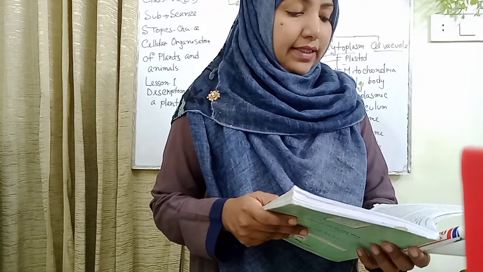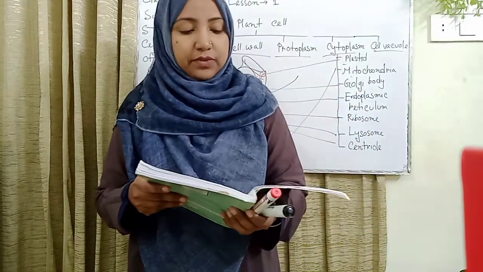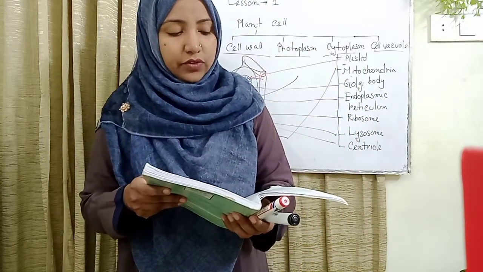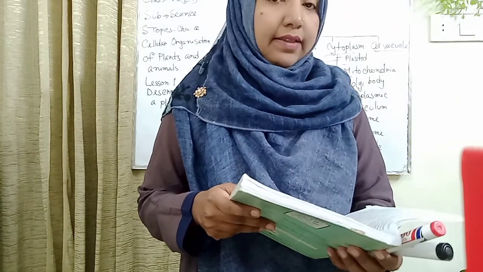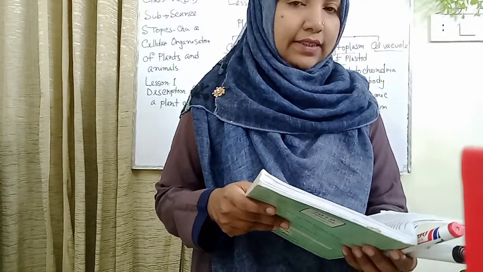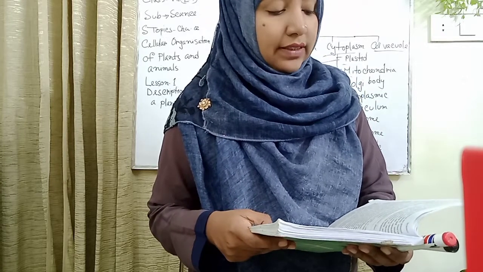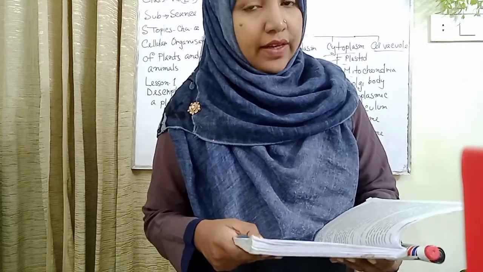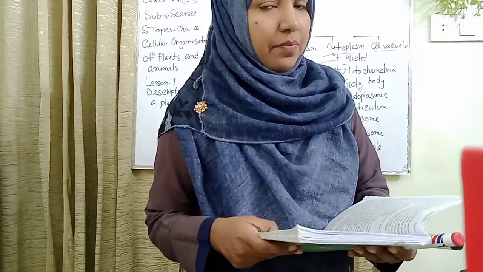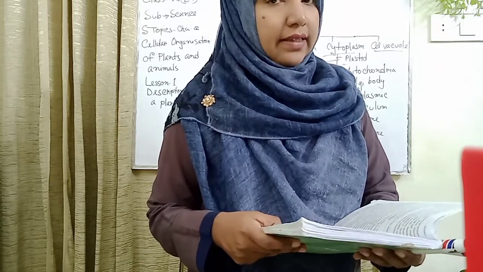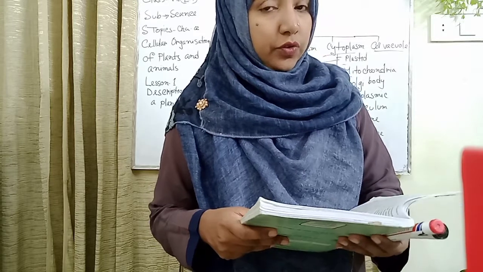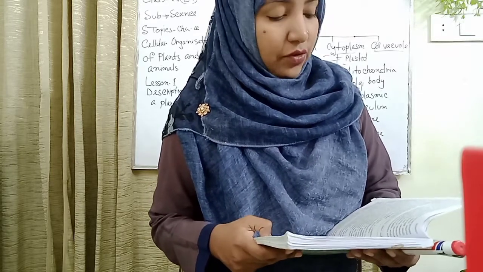Usually, animal cells do not have cell vacuoles, but in certain cells, when vacuoles are present, they are very small in size. I can also show the differences in cell vacuoles. Here are the animal cells, which have no cell vacuoles, and the plant cells, which have much bigger cell vacuoles.